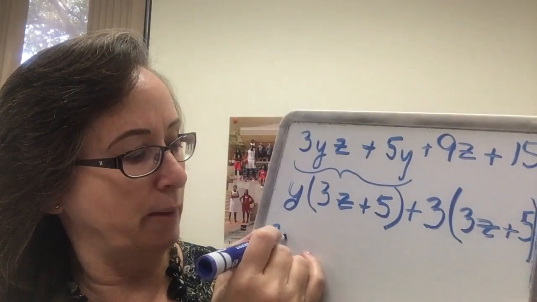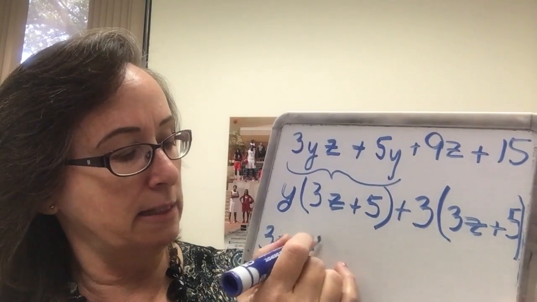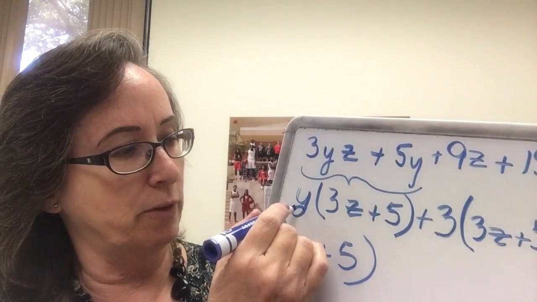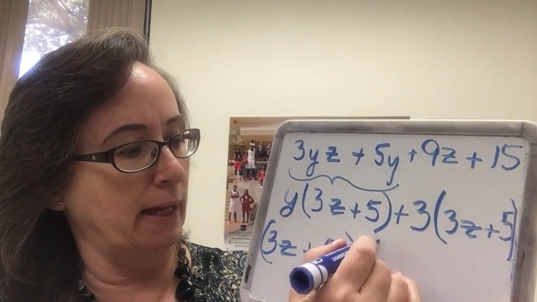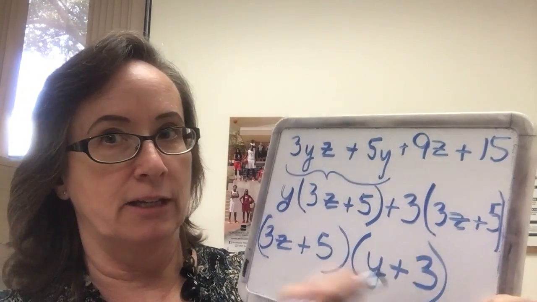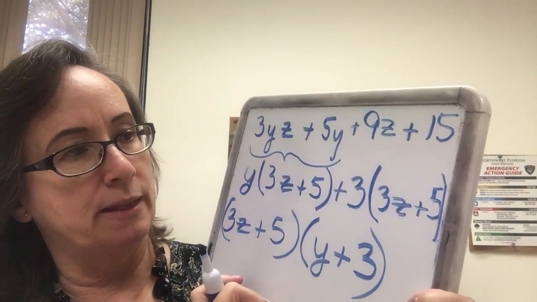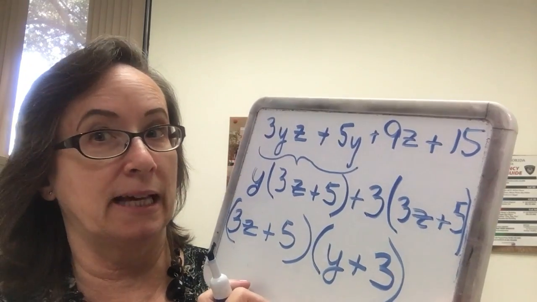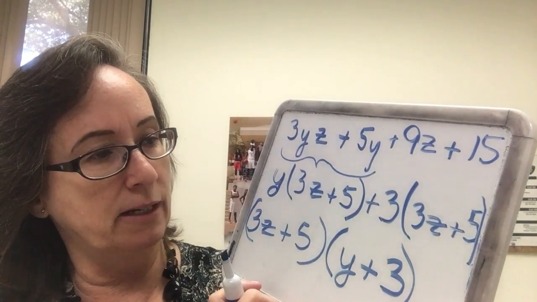So I pull out a 3z plus 5 to the front, and I'm left with a y plus 3 when I finish. Okay, so this one is a really good example of one that could be done two ways. All right, so I'm going to come back and do that one a different way.